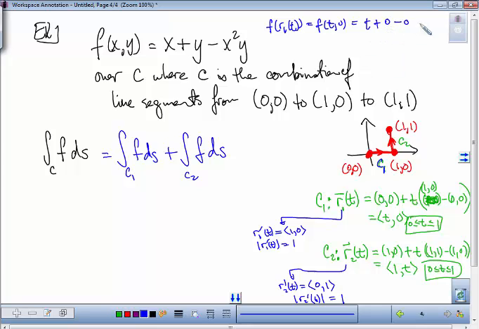So that's just t. That will go in here. So we have the integral of f of r1, which is t, and our ds turned out to be the magnitude of r prime times dt, and this is going to go from 0 to 1.